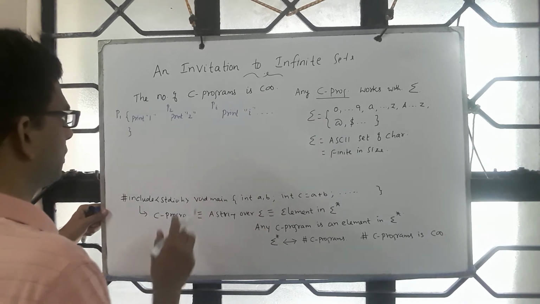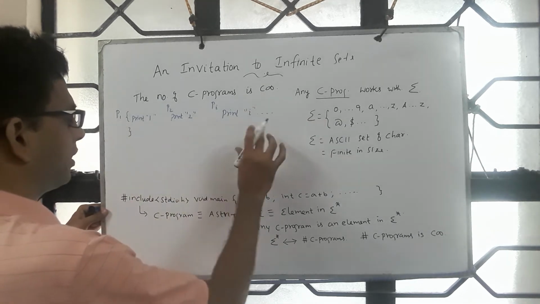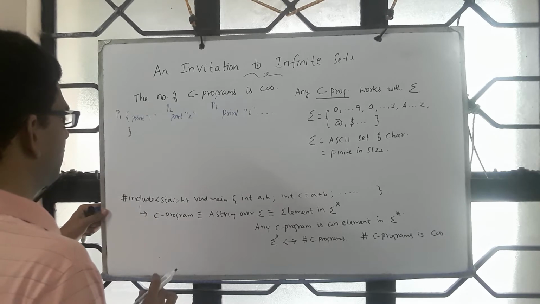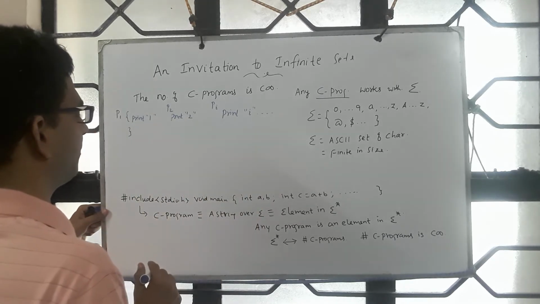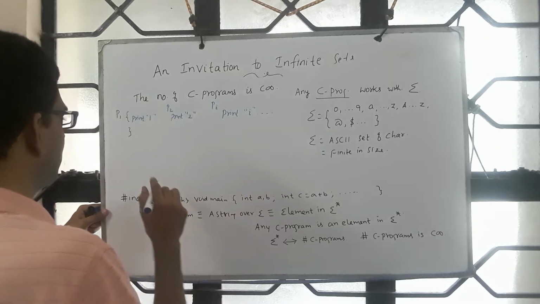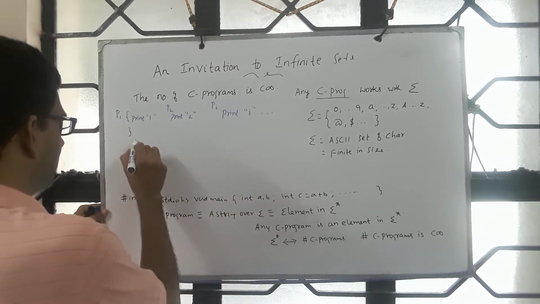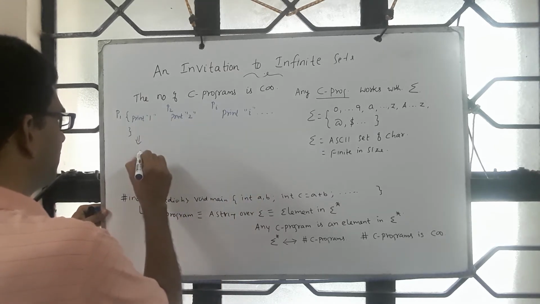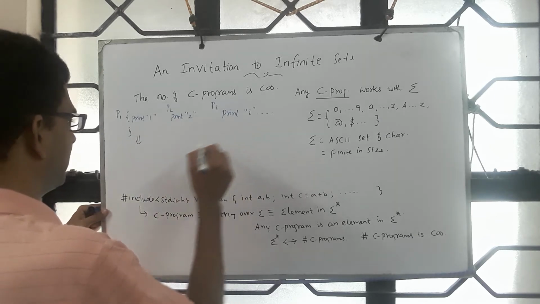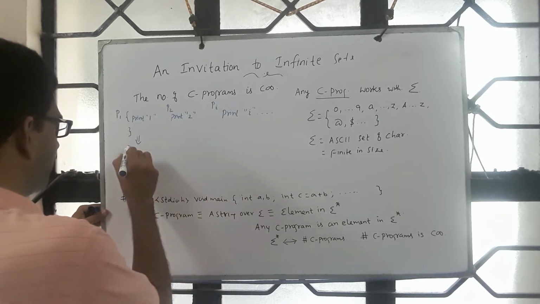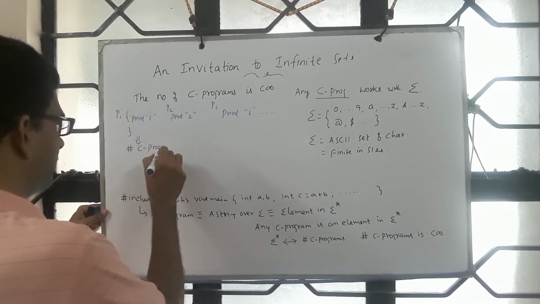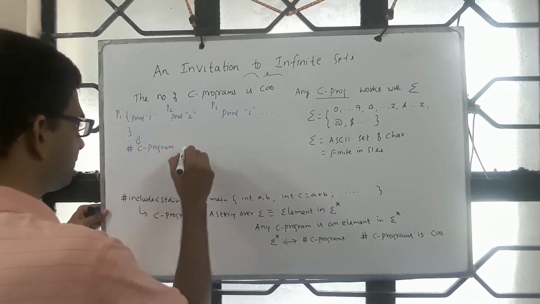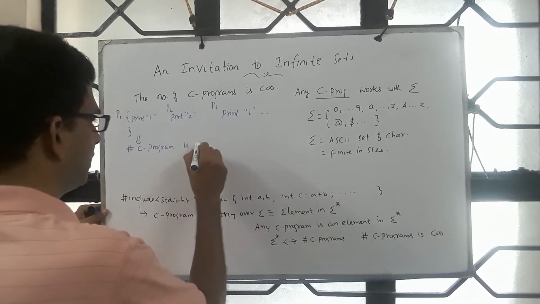So now you can look at this one. This says each one is a valid C program, and this corresponds to the first natural number, second natural number, and so on. And that shows that the number of C programs is infinite.